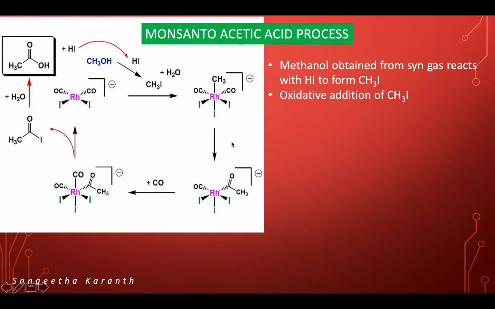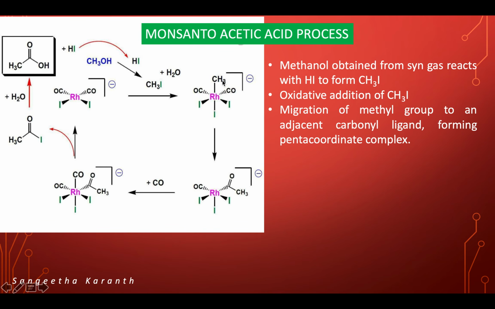So next step is migration of the methyl group to an adjacent carbonyl group. Here you can see these two groups. Acetic acid, we know the formula, it is CH3COOH, right? So what happens here is, here there is a CO group. This CH3 group, which is adjacent to the carbonyl group, will migrate to this position.